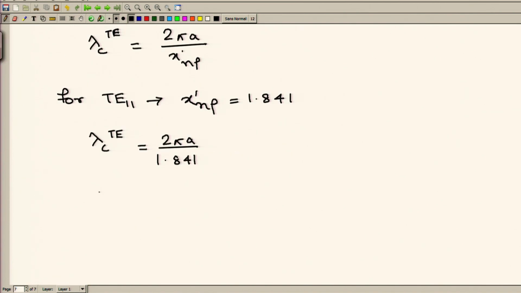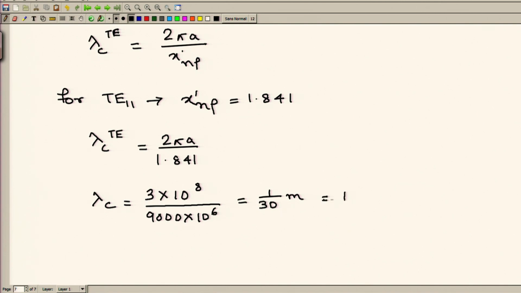Now we can also write lambda c as c by f, that is 3 into 10 to the power 8 upon f. So f is 9000 into 10 to the power 6, that gives us 1 upon 30 meter, that is 10 upon 3 centimeter.